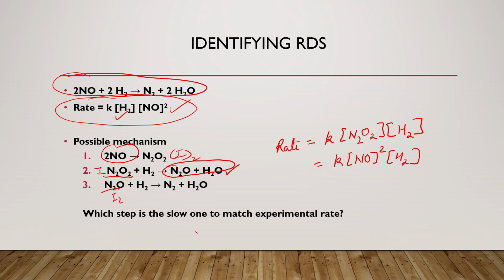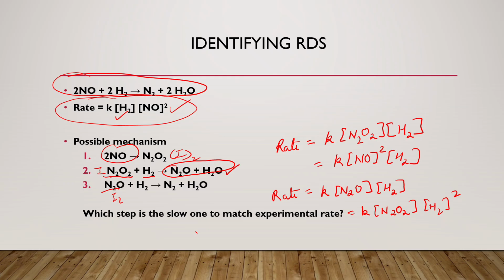So if this was the case, then the rate equation would have been rate equals K times molar concentration of N2O times molar concentration of H2. However, N2O itself was created from N2O2 and H2. So in that case, that would transform to N2O2, and because there is already an H2 here, that would be H2 raised to the power 2.